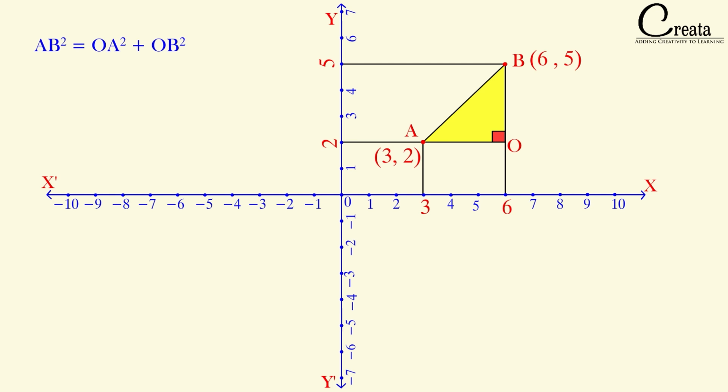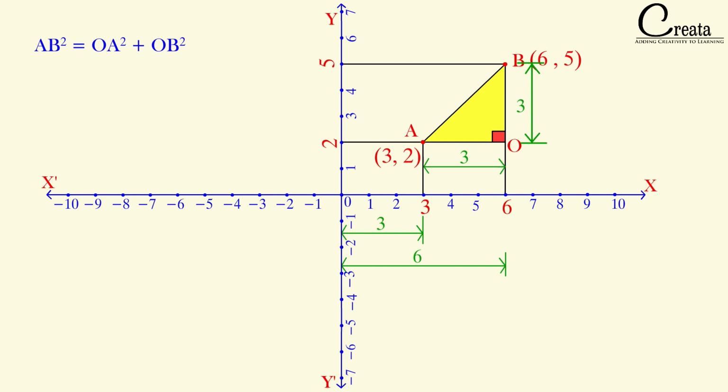With the help of these coordinates, can we calculate the distances OA and OB? Here this length is 3 and this complete length is 6. So can we calculate OA as 6 minus 3? That will be equal to 3 units. Similarly, OB will be equal to 5 minus 2, that is 3.